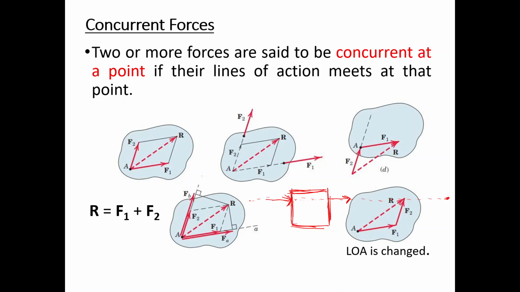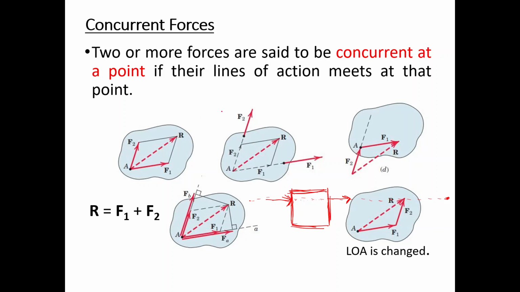They are concurrent. But in most cases in our later discussion, we won't be dealing much with concurrent forces, but with non-concurrent forces on the same plane, because what we're after is the resultant force, not the component forces.